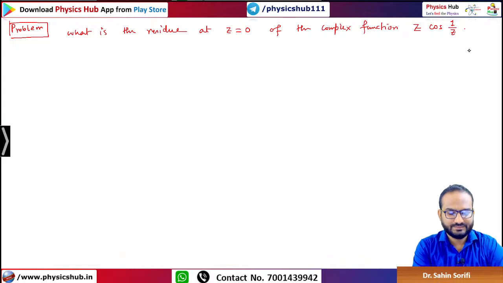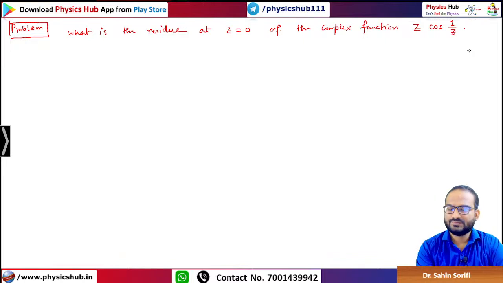What is the answer? Are you able to get it? Minus 1, the coefficient of 1 by z you are getting minus 1.